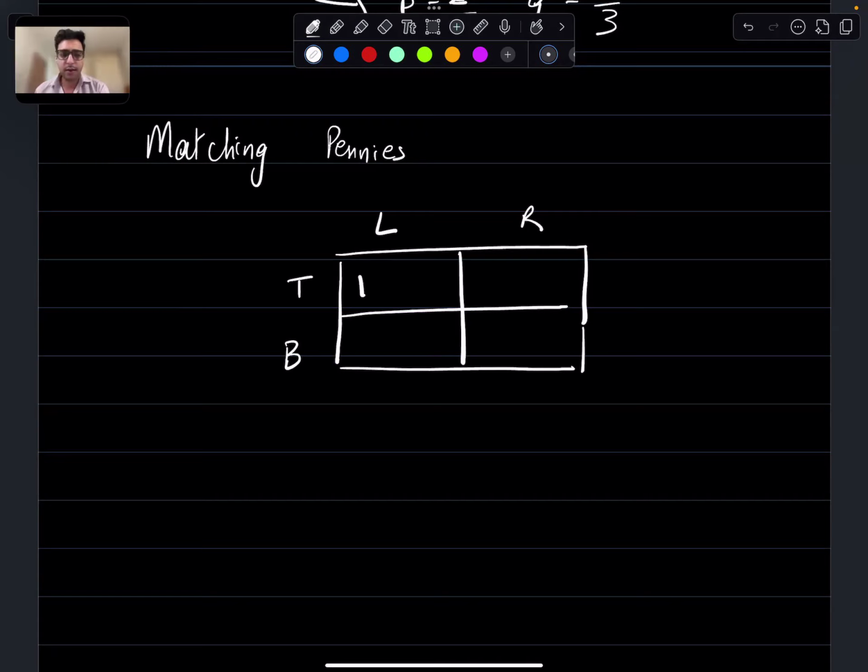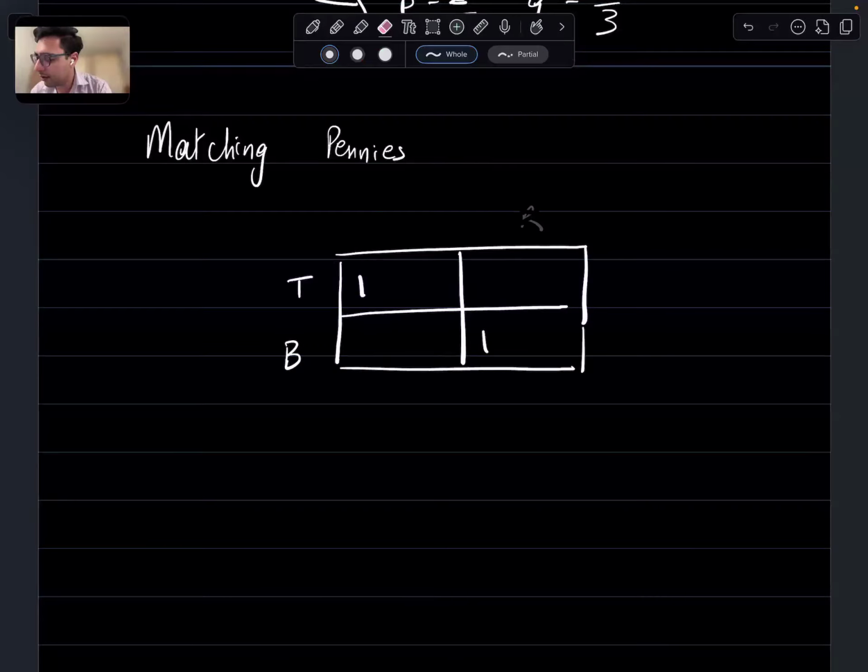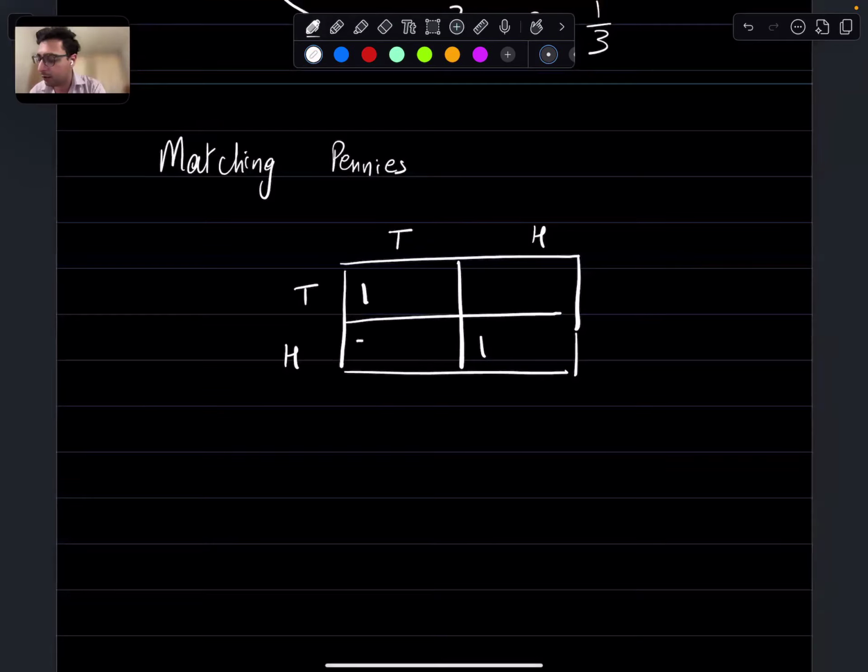Normally the actions are written as tails, heads, tails, heads. Player 1 gains if they choose the same action, and player 1 loses if they choose different actions. Player 2 gains if they choose different actions, and player 2 loses if they choose the same action.